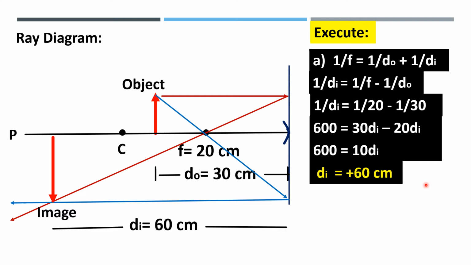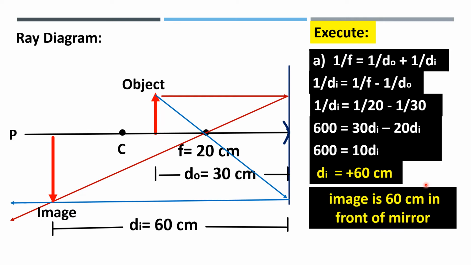So we label it in our diagram, and we therefore finally answer the first question, letter A, that the image is 60 centimeters in front of the mirror.